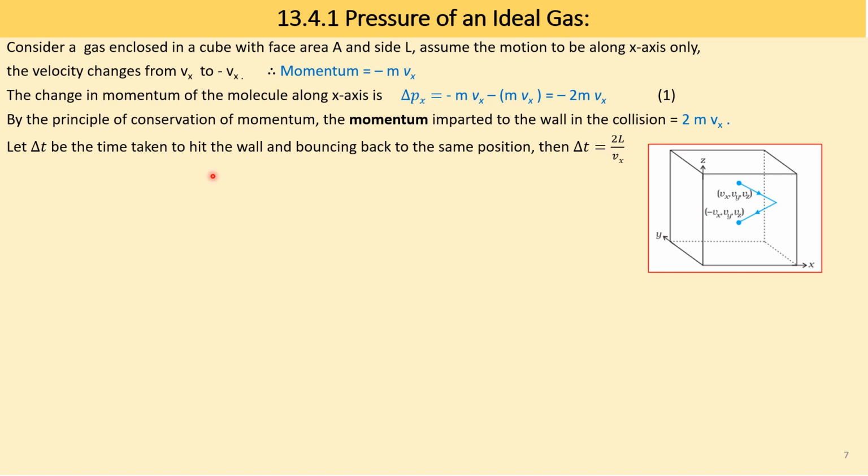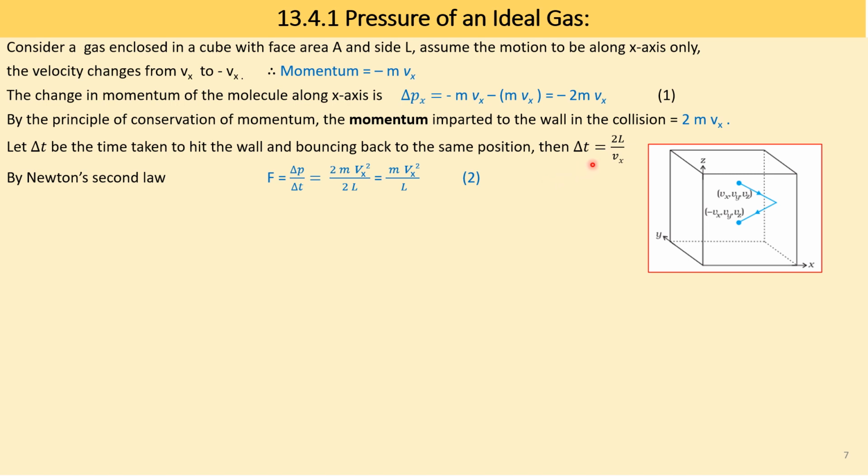Now we will calculate delta t, the time taken to hit the wall and bounce back to the same position. Delta t is equal to 2L by Vx, since velocity into time is distance, that is length. Therefore delta t is equal to 2L by Vx, where Vx is the velocity in x direction. Now we will calculate the force.